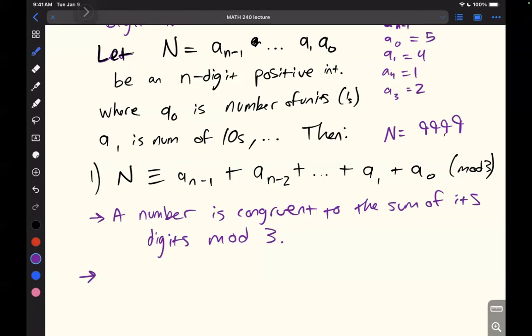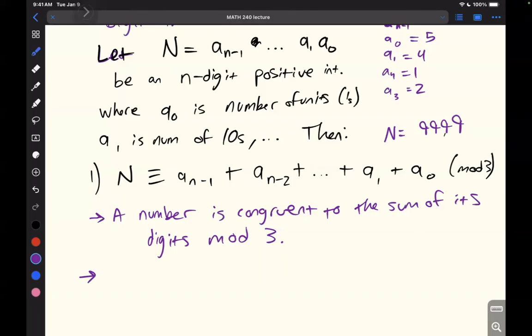So we're going to sum all the digits, and that sum is going to be congruent to 0 mod 3, 1 mod 3, or 2 mod 3, right? Those are all of our options. And so let's think about the 0 case.